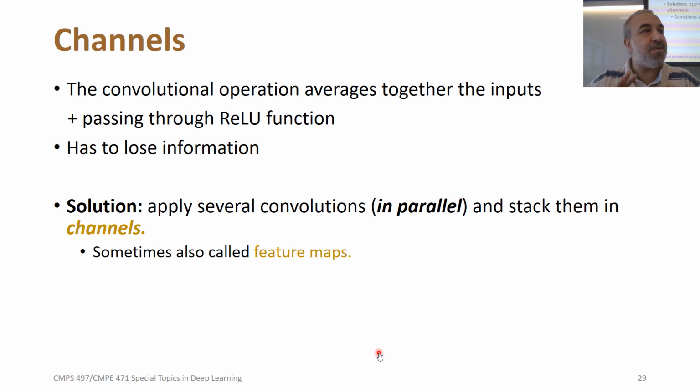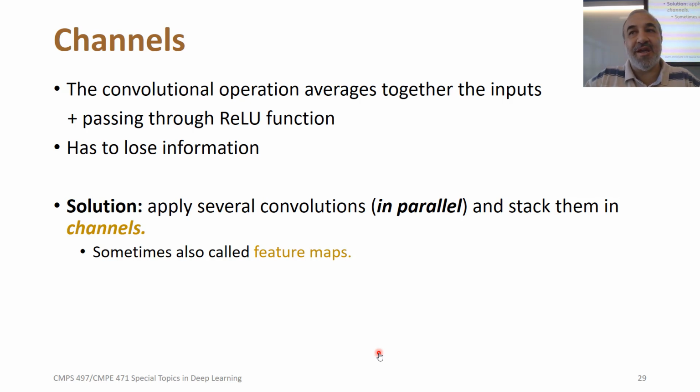Does that remind you of something we discussed in transformers? Do we apply something multiple times in parallel? Yes, but more importantly, the heads, multiple heads. So you can say the multi-head attention, right?